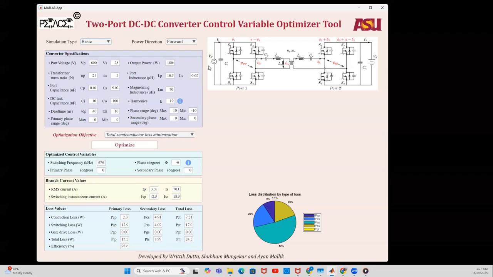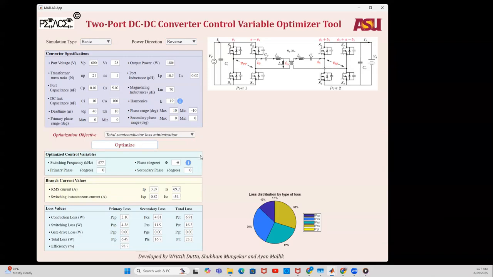This tool can also work for the forward as well as the reverse power transfer. In the reverse power transfer, the power would flow from VS to VP, which is critically important because currently almost all the DC-DC converters are being designed in such a way as to enable bidirectional power transfer capability. That is the reason the reverse power transfer is also very significant.